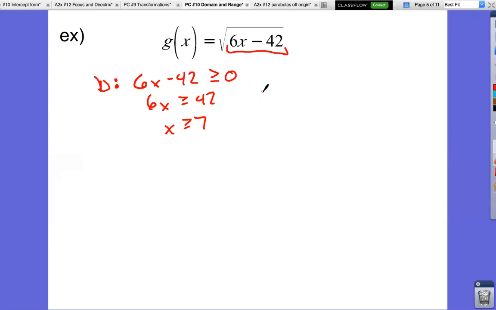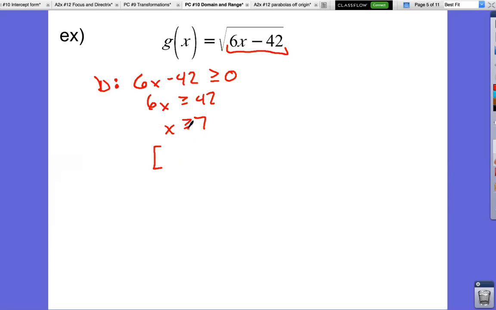So how do I write that? Again, x is greater than or equal to 7. How do I write that as interval notation? First of all, is it a bracket or is it a parenthesis? A bracket? Why is it a bracket?